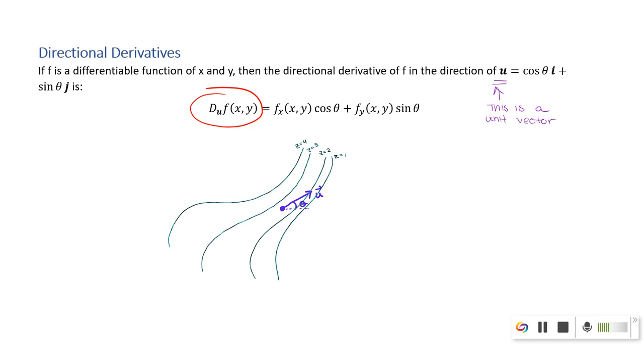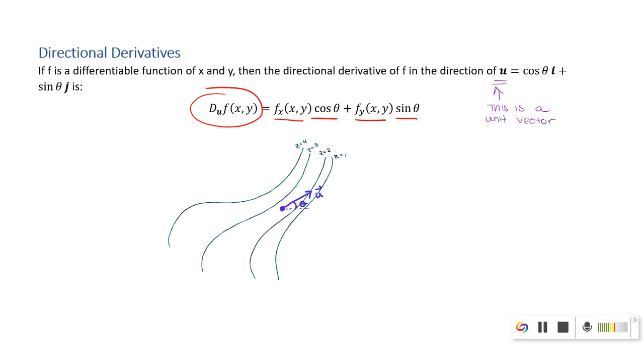If our vector is a unit vector, has a magnitude of 1, then that directional derivative is going to be our partial derivative with respect to x times cosine theta, where theta is that direction angle of our vector, plus our partial derivative with respect to y times sine theta. Again, theta is our direction angle.